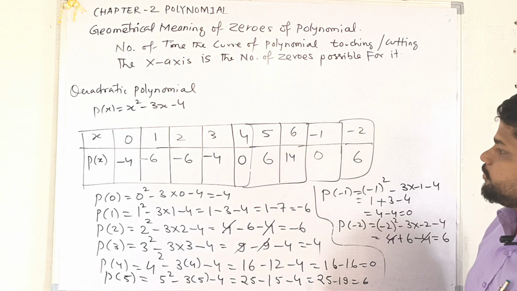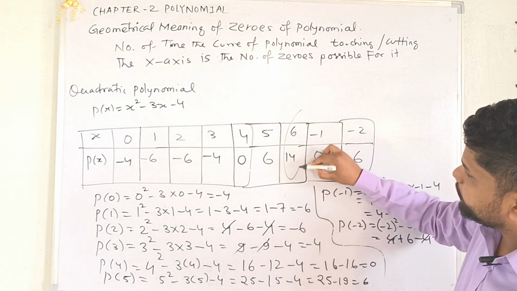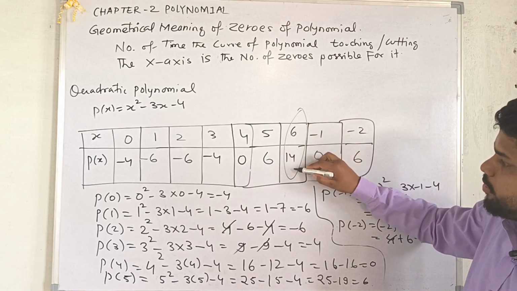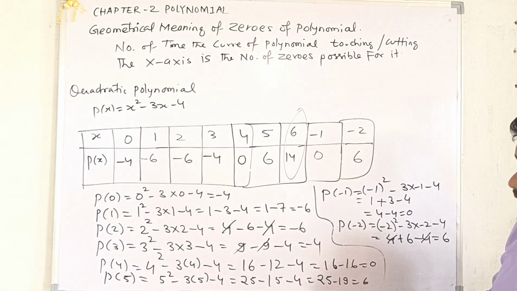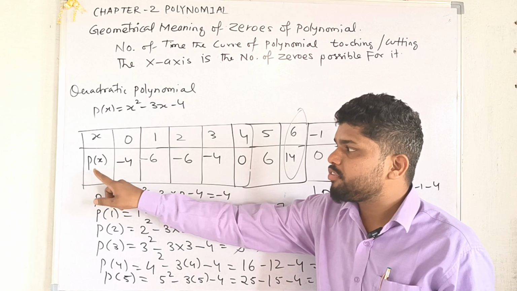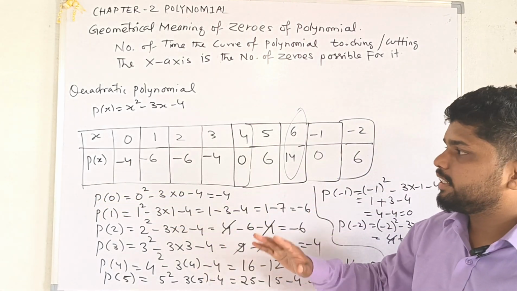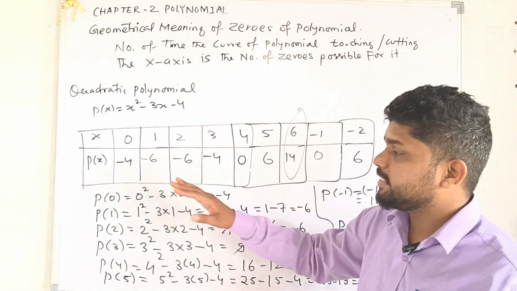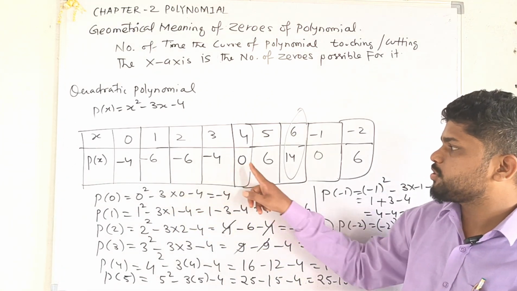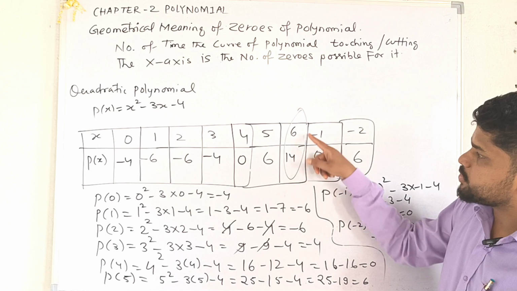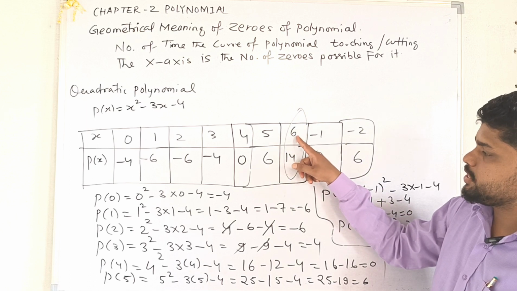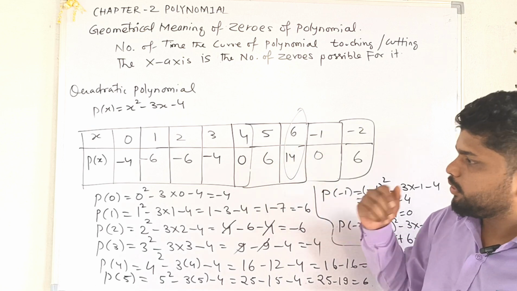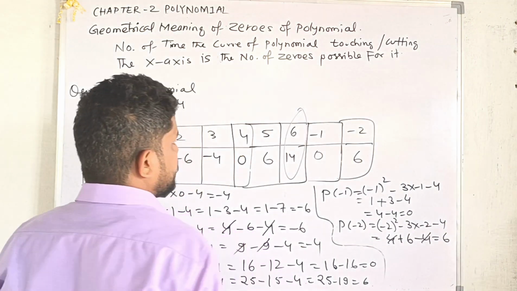So we will neglect this coordinate 6 comma 14, because generally these values of p of x are periodic, they repeat their value after some time. Since it is ranging from minus 6 to positive 6, we will neglect this coordinate, x comma minus 14, for the plotting. Okay, so let's try to plot the things.